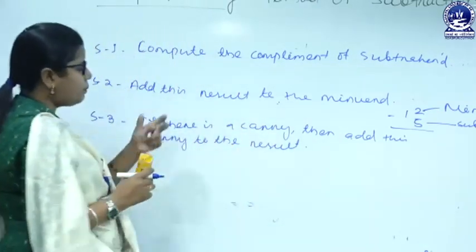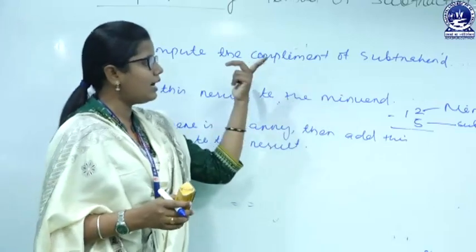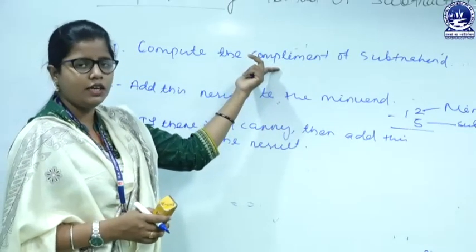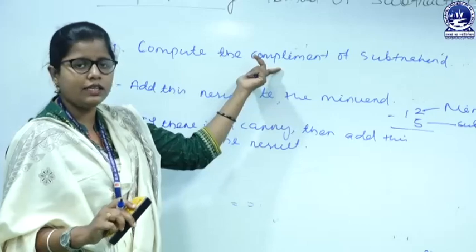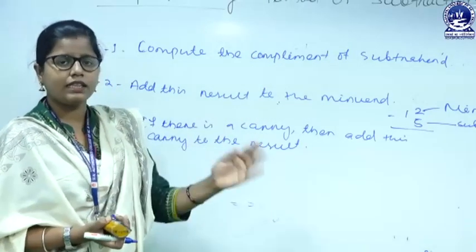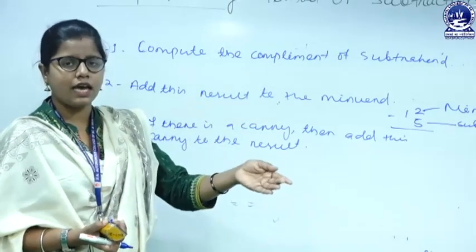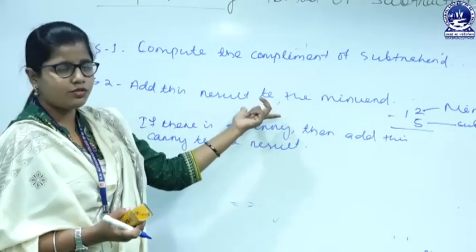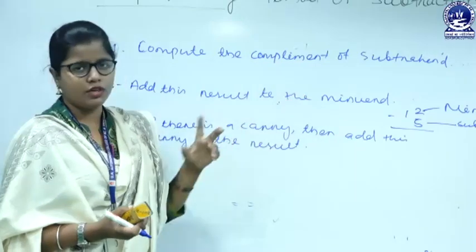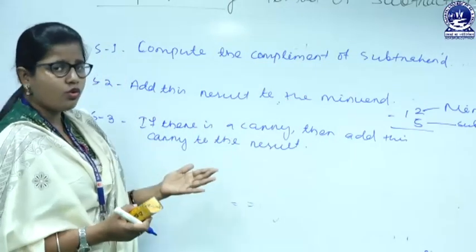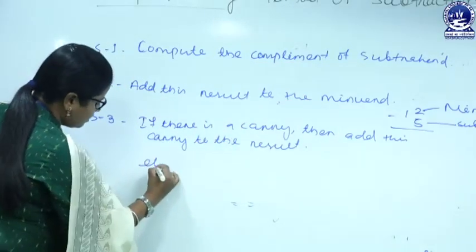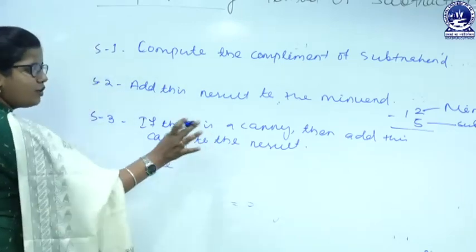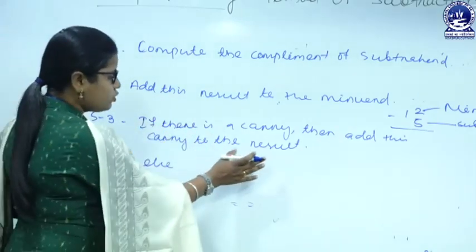So here, after adding the minuend and the complement of the subtrahend, if we have a carry, then we take this carry and add this carry into the result that we got from the complement and minuend addition.